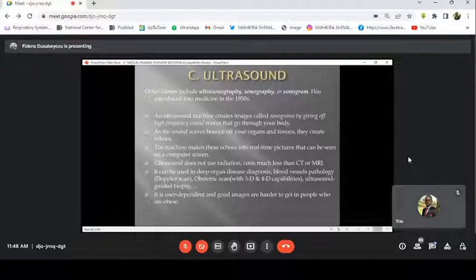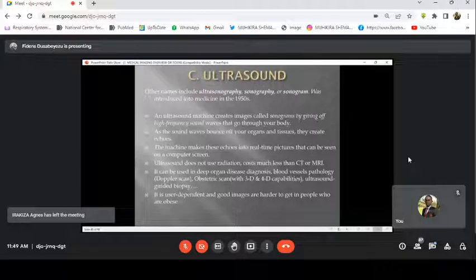And it doesn't use radiation at all. It is very much available, and it is less costly, not expensive. Ultrasound machines are everywhere. You can even buy one in the market today and go home with it. I'm exaggerating, but they are everywhere.